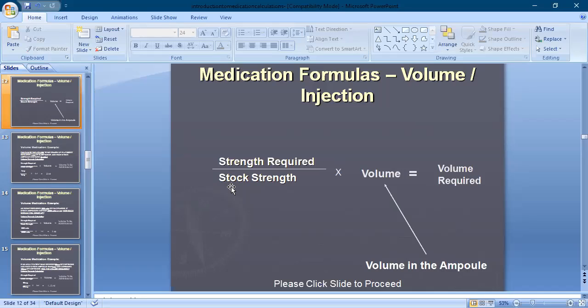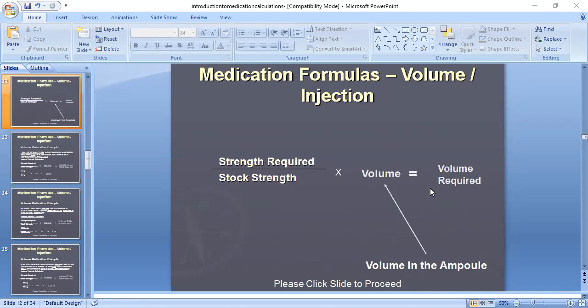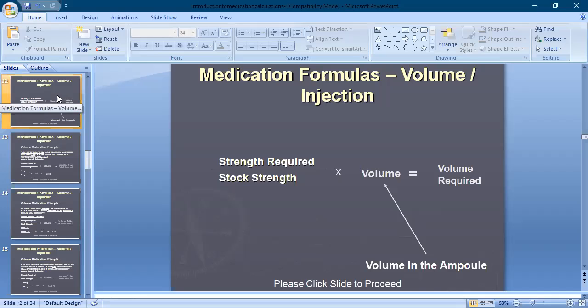But when we go for the injectable form, we need volume. So prescribed medication divided by strength multiplied by volume. In that question, 80 milligram pethidine divided by 100 milligram pethidine in your hand, multiplied by 1 ml. This is the volume. When you go through it like this, we can work out the medication we have to administer to the patient.